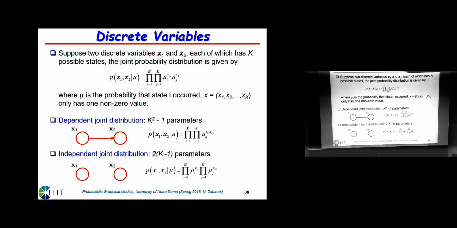All right. Now, if I assume that the distributions of x1 and x2 are independent, given the parameters mu, I can write, instead of writing this with joint probabilities mu ij, this as the product of mu i's times the product of mu j's, okay?